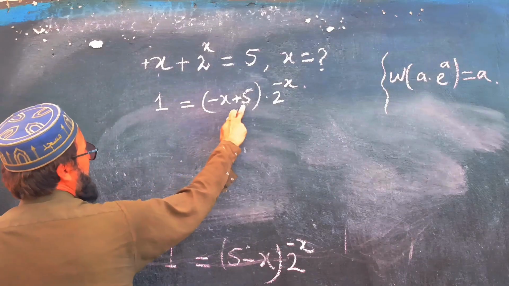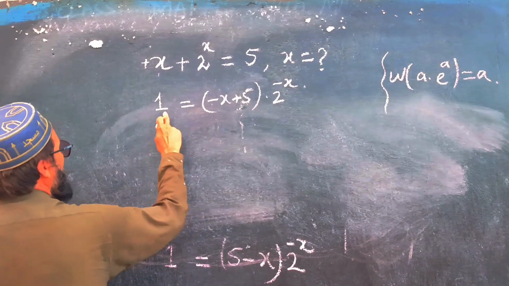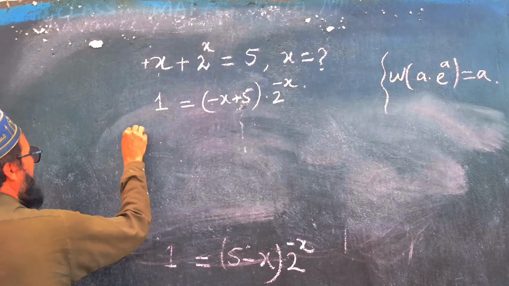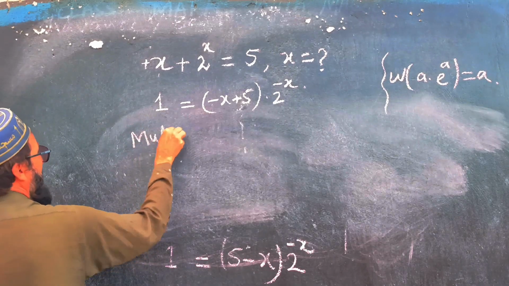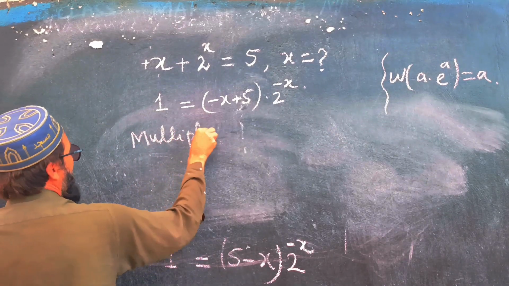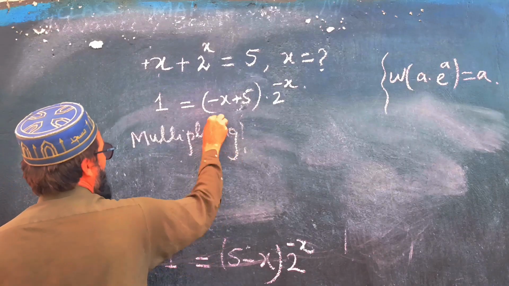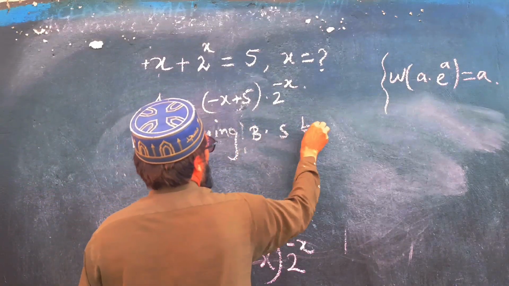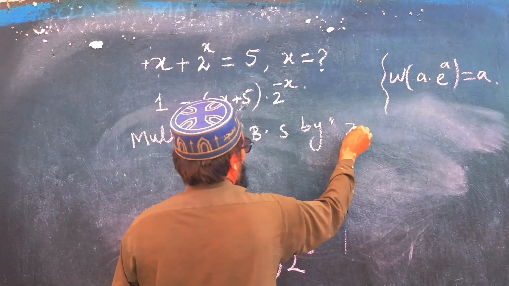So according to this, we try to make this Lambert function form here. Here minus x plus 5 is required. So we multiply both sides by 2 exponent of 5.